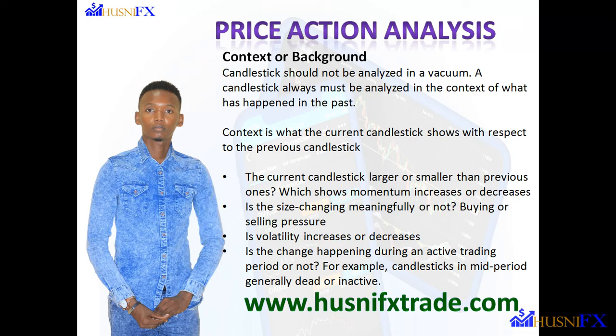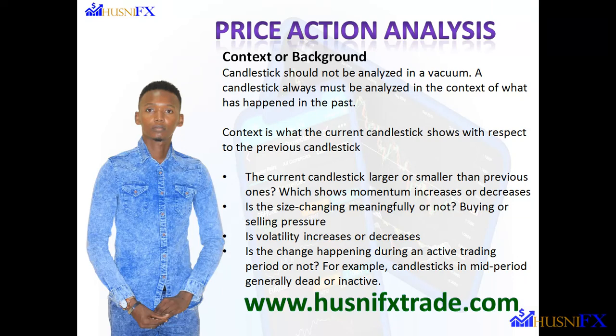Is the current candle larger or smaller than previous ones, which shows momentum increasing or decreasing? Is the size changing meaningfully or not, showing buying or selling pressure, and volatility increasing or decreasing? Is the change happening during an active trending period or not?